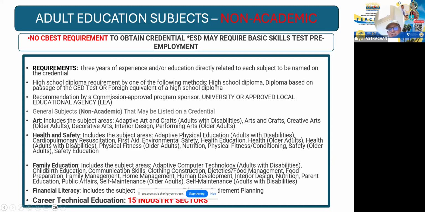Then communication skills, clothing construction, and there's the dietetics and food management. And it includes food preparation. And that wouldn't necessarily be for seniors, it could be for anybody. Some of the adult schools have classes. I know Baldwin Park Adult School for years had a restaurant.